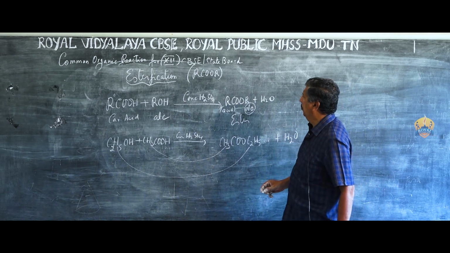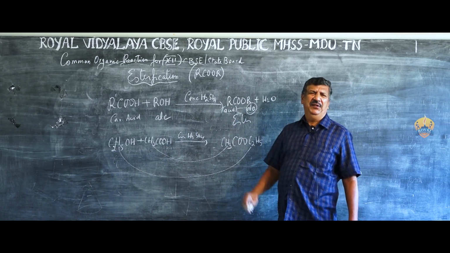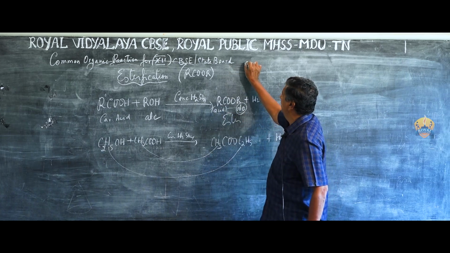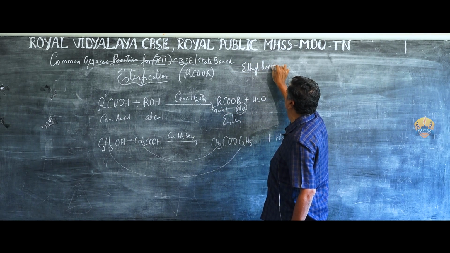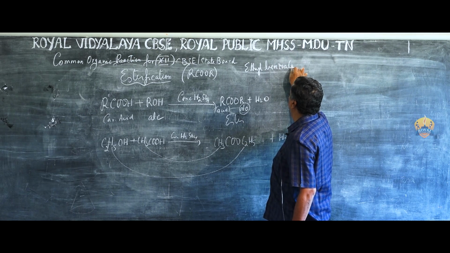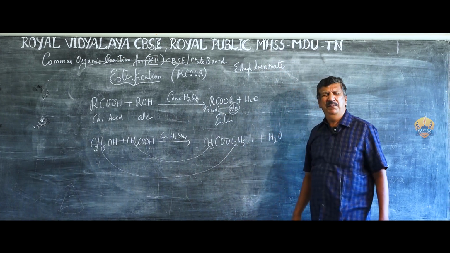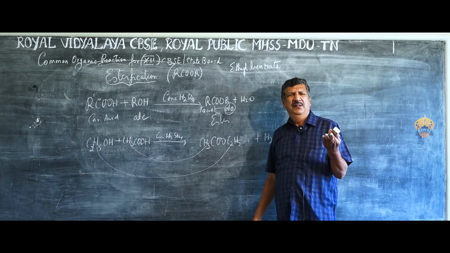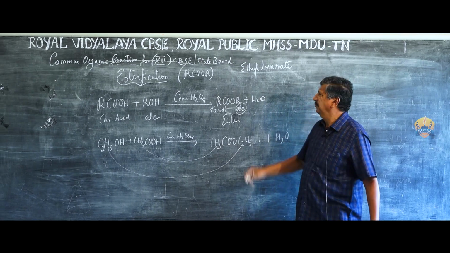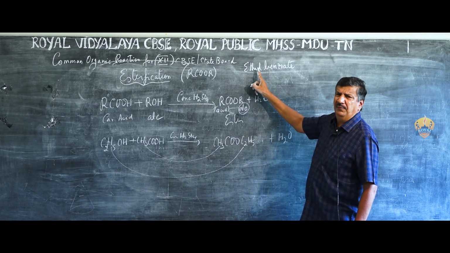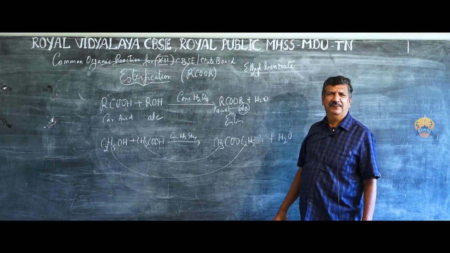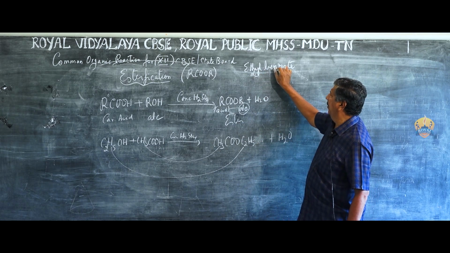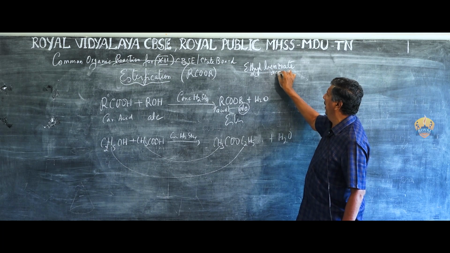Sir, in my school, they are asking me like this: how will you prepare ethyl benzoate? Very easy. How will you prepare? The first name you convert into alcohol. The second name you convert into acid.